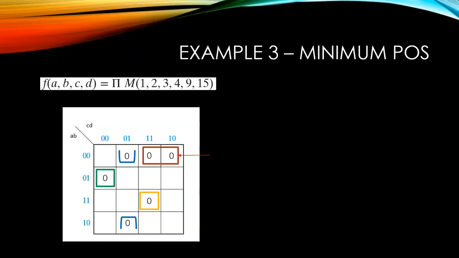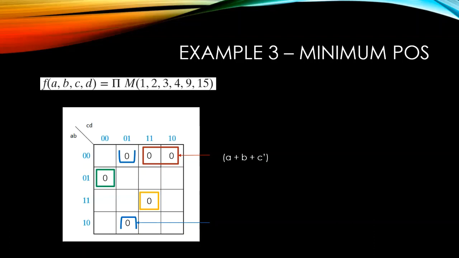Okay. So for this group, A, B didn't change. So 0, 0. C is still 1 within the group. So A, B uncomplemented. C is complemented. So A plus B plus C naught. And for this group, B didn't change, it's still 0, 0, 1, didn't change.